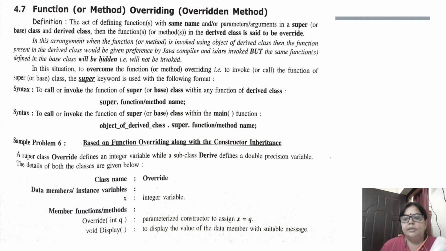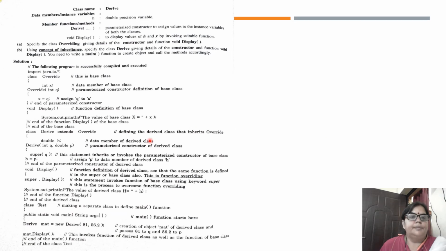See how the overriding has been done in the class override, and here a constructor has been given with arguments. Again the super keyword has been used for this override constructor, and super dot display has been used for the function.